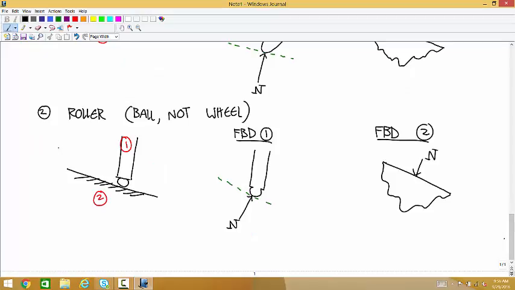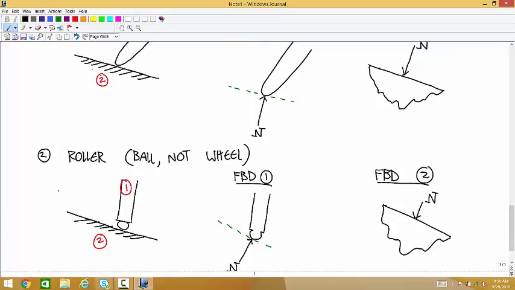In both of these cases, what do we know about the value of n? The ground can't pull on body 1, and body 2 can't pull down on body 1.